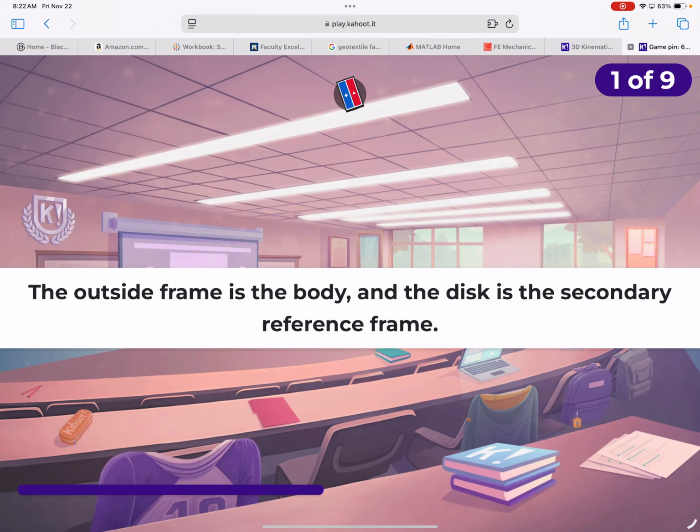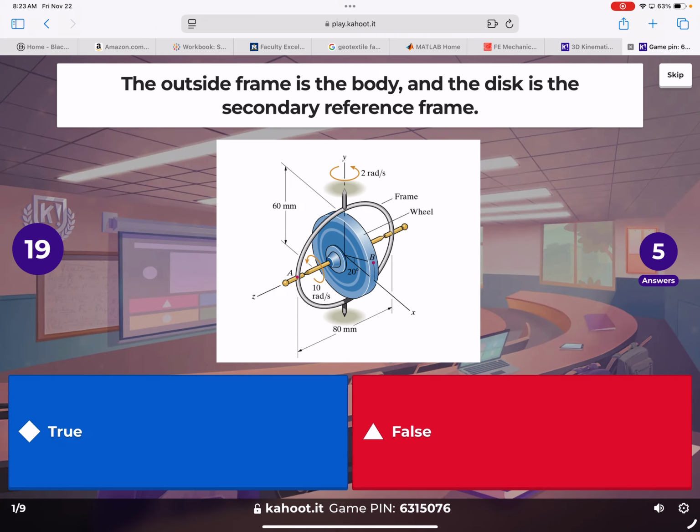3D kinematics, we had true or false. Okay, so the outside frame is the body and the disk is the secondary reference frame. You gotta look at the picture first, right? True or false?